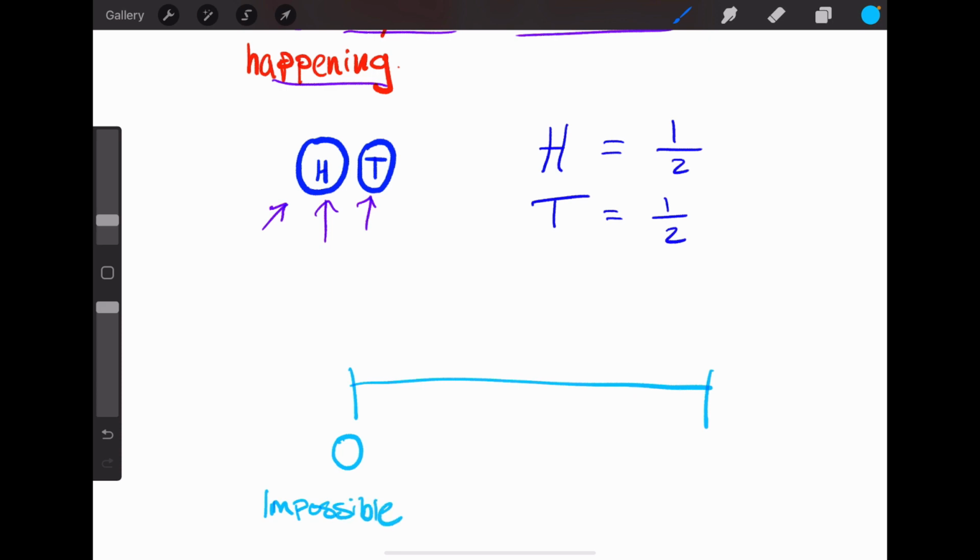And then we use 1 as something that is certain to happen. And then in the middle is where our heads and tails thing is, because it is 1/2. That means it's likely but also not likely. That means it's a 50-50 chance.